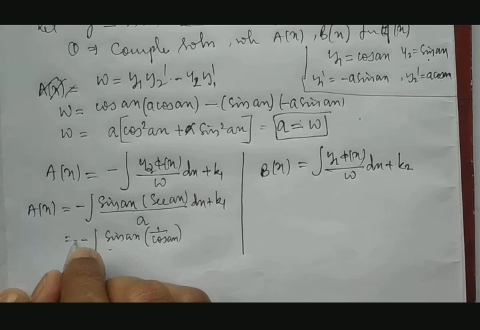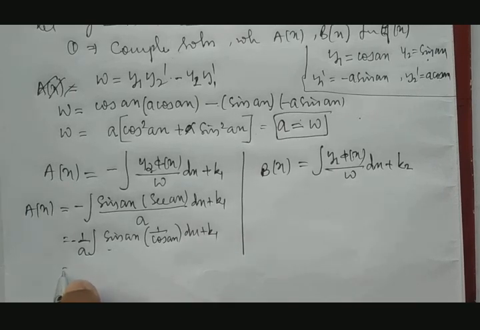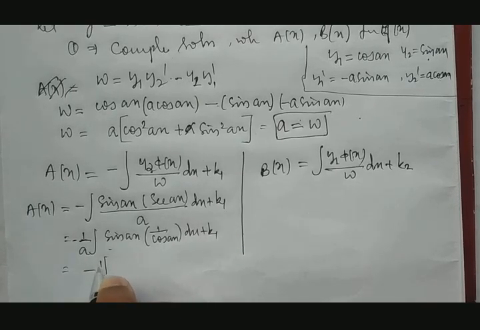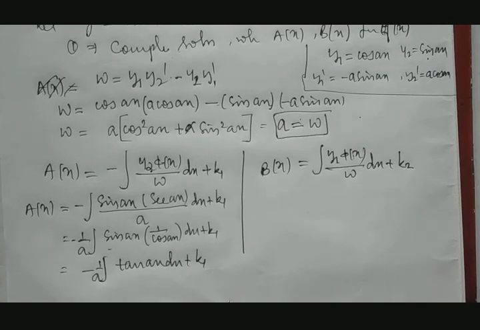So we take this 1 divided by a, a constant, outside, with respect to x plus k1. Therefore it is minus 1 divided by a into integration of sin by cos, which is tan ax, with respect to x plus k1.